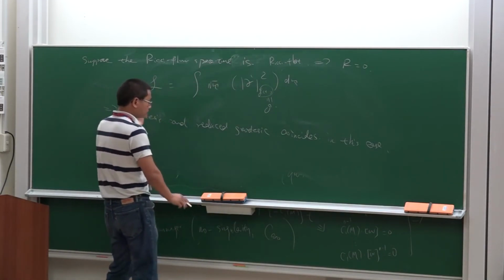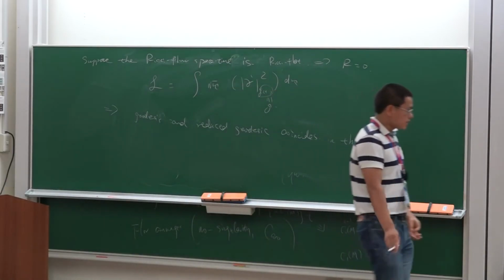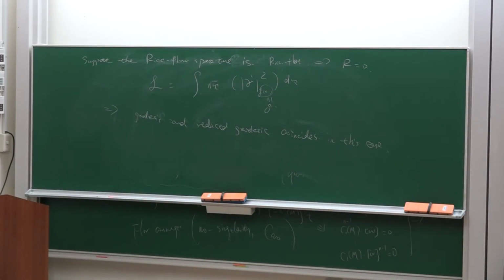So then let's go back to the basic setup. To study the convergence of the Kähler Ricci flow, we know that we need to bridge two groups of information. One is the Cheeger-Colding theory, and another is Hamilton's Ricci flow. And we also need Perelman's reduced geodesic. So what do we do?